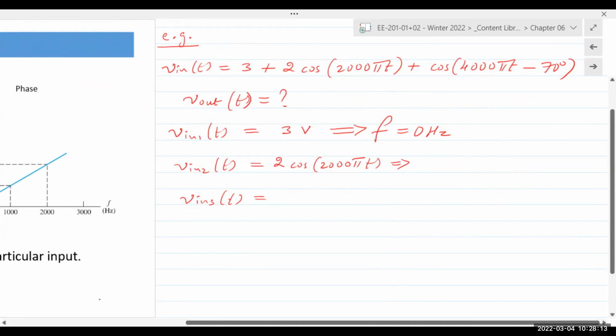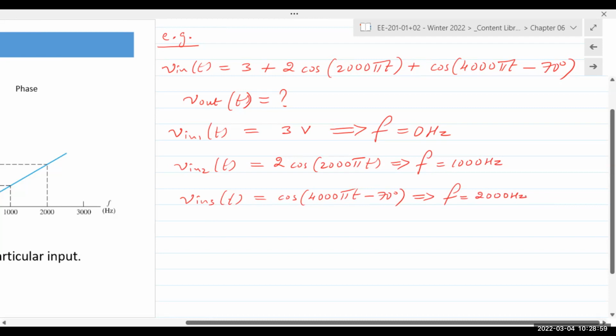If we compare it to the standard expression, Vm cos of omega t plus or minus theta, Vm is 2 volts. Omega is 2000 pi. Omega is 2 pi f, so f is omega divided by 2 pi. So f for this would be 2000 pi divided by 2 pi, which gives me f equal to 1000 hertz. V in 3 is cos of 4000 pi t minus 70 degrees. f is equal to 2000 hertz.